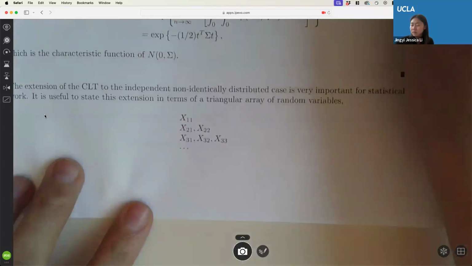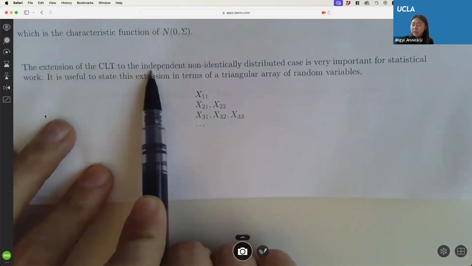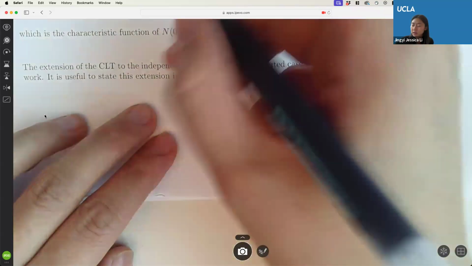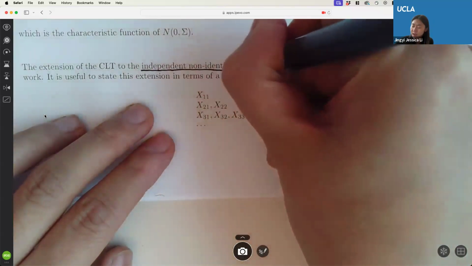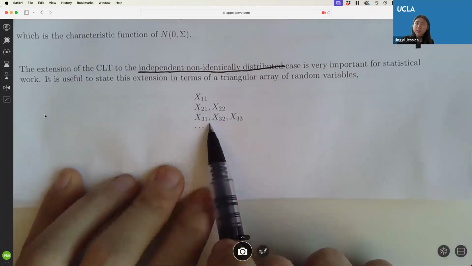So here, I'll just say the extension of CLT to the independent case. The first extension is that we look at the independent but not identically distributed case. Because in some cases we may have our sample not identically distributed, but they're independent. So in this case, how can we have a variant of CLT? And for now, we will express this in the form of a triangular array, which will show you why.